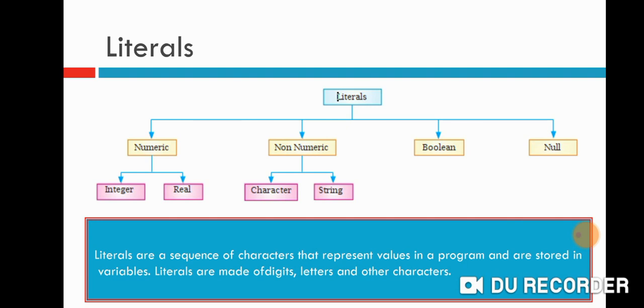Now let's see what are literals. Literals are a sequence of characters that represent values in a program and are stored in variables. Literals are made of digits, letters and other characters. Children, you have learnt about constants in the previous classes. So literals are nothing but constants in other words. But in Java we name them as literals, and identifiers could be variable names.